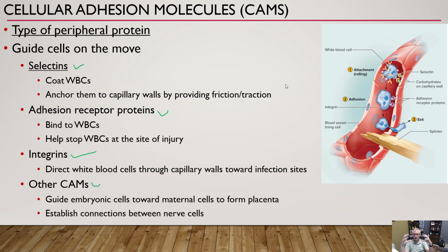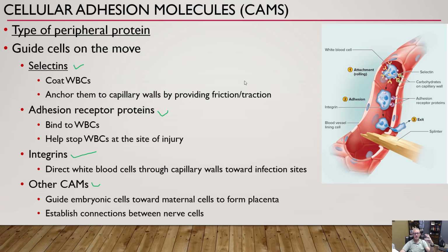And when the white blood cells get near this splinter, they need to start slowing down in this fast-moving cardiovascular bloodstream. A type of cellular adhesion molecule, a type of CAM called selectin, slows down the white blood cell by coating it. This provides traction and friction. The white blood cell then slows to a roll, and it's going to bind to this adhesion receptor protein on the inner capillary surface.